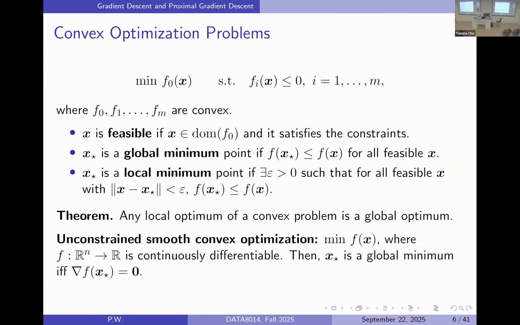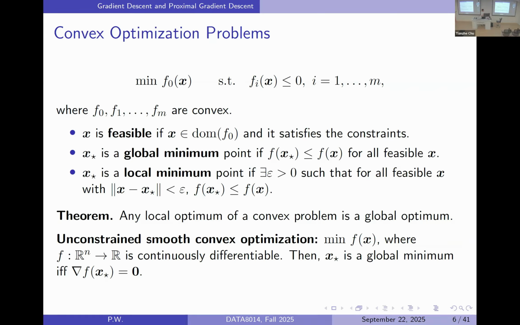Okay, and then based on the definitions of convex function and convex set, we can further introduce convex optimization problems. In general, it can be written in the following form: we minimize some convex objective and also impose some convex constraints. You can see here f0(x), f1(x), up to fm(x), all functions here are convex.